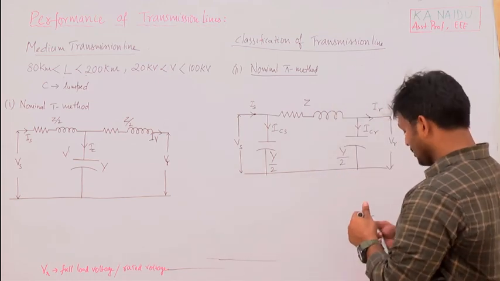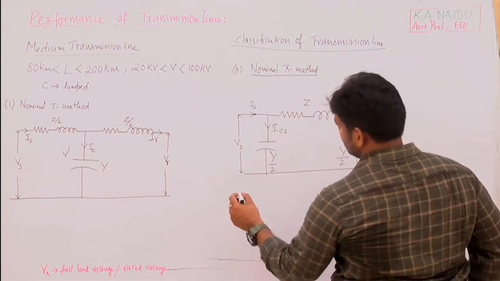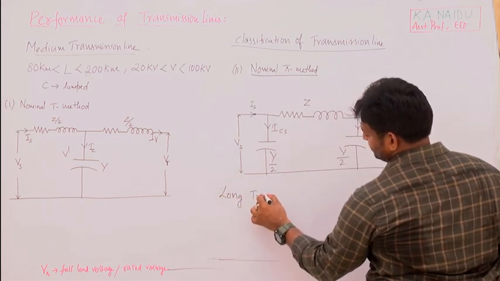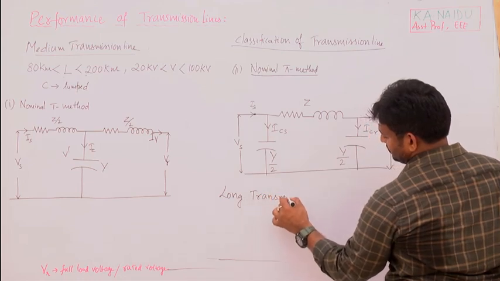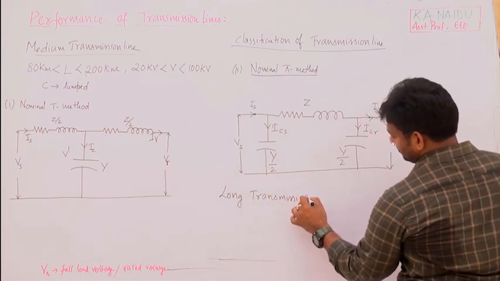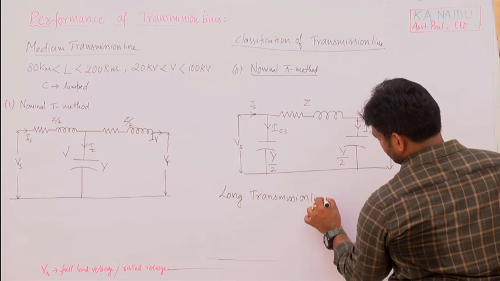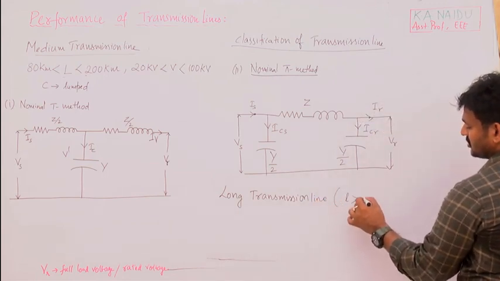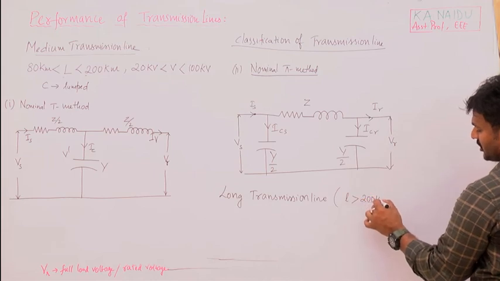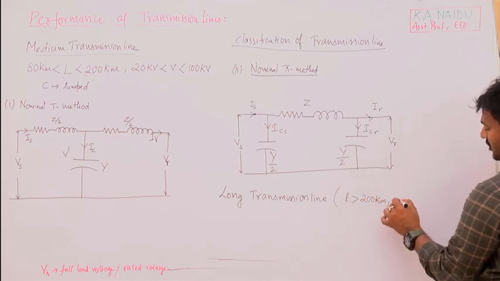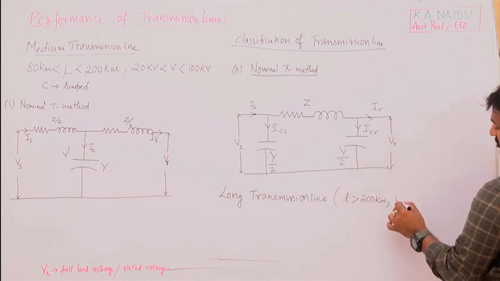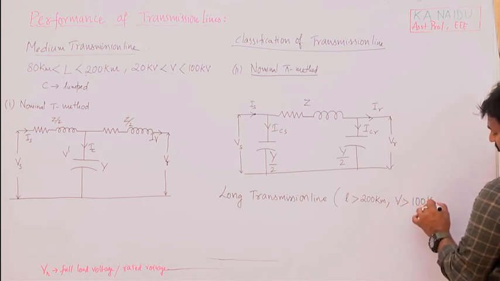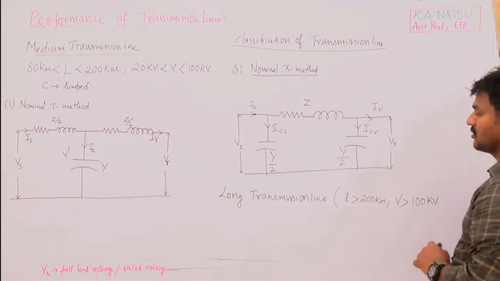Clear? The last one is long transmission line. For the long transmission line, the length is greater than 200 kilometers and the operating voltage is greater than 100 kV. Okay.